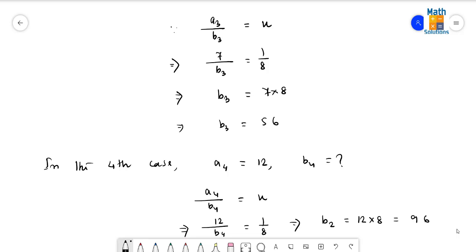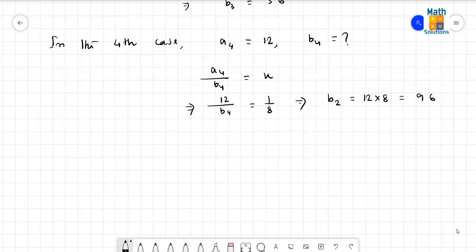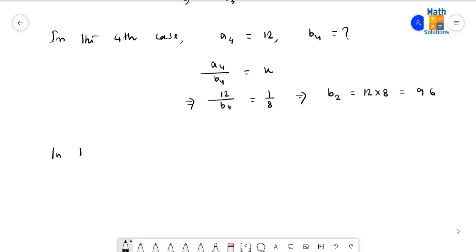After that, in the fifth case, what shall we get? Again A5 is given to be 20. B5 is not given, B5 is a question mark.